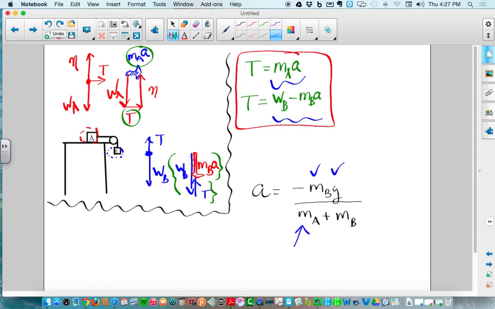I mean, after all, mass of A is in the denominator. Well, if we make this mass larger, sure, our acceleration is going to be a smaller number. I totally buy that. That works out. And this is what we talked about for a while. Okay? But most of this checked out beautifully.